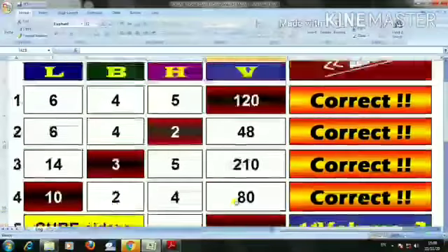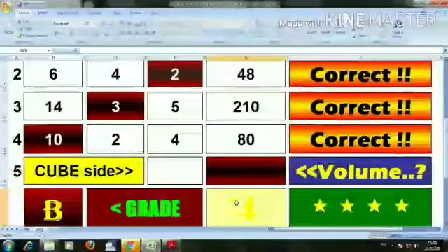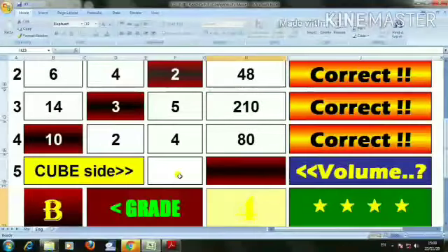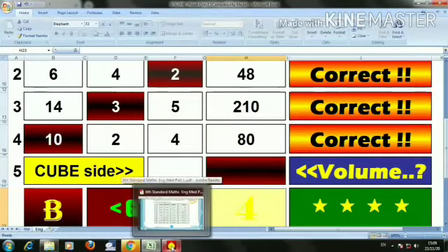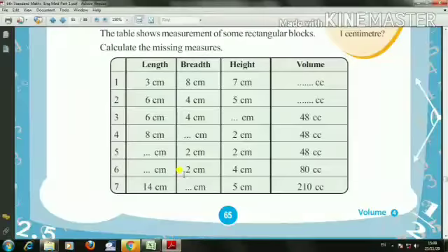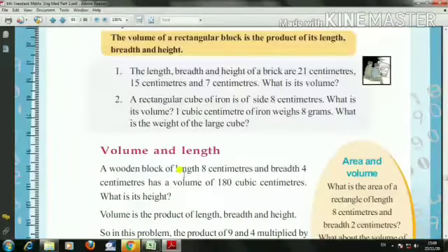Now one more question is here, one more space is to be added. It is for cube. Already we have been asked to find out a question here to find out the sides of a cube. Here a rectangular cube of iron of sides 8 centimeters. What's the volume? So this is about a cube. We can find out the answer from here.